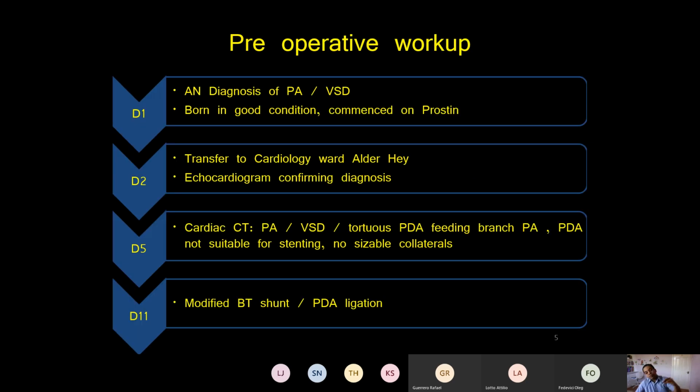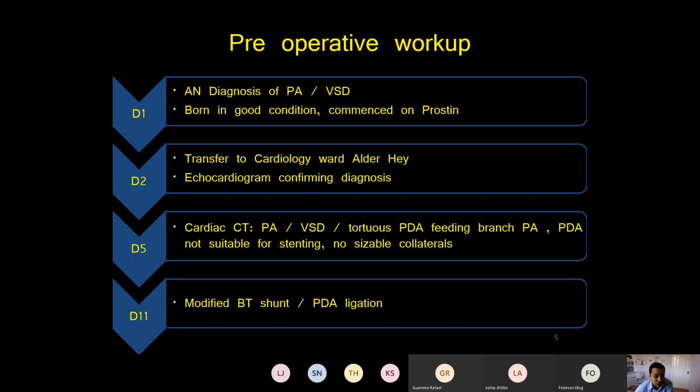So, preoperative workup. This is the pre-op course for this patient. With antenatal diagnosis, born in good condition, now on day 2, already in Alder Hey on a cardiology ward. An echocardiogram has been done to confirm the diagnosis, and then further cardiac workup has been done to assess what exactly is happening with this duct and what is happening with the PAs.